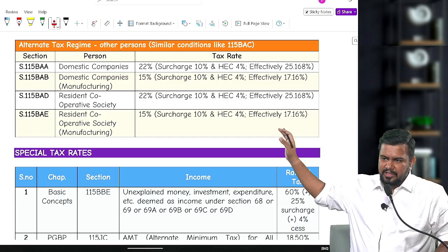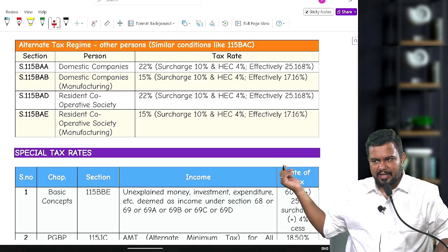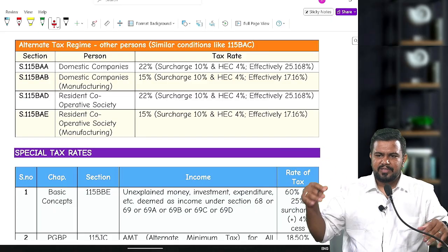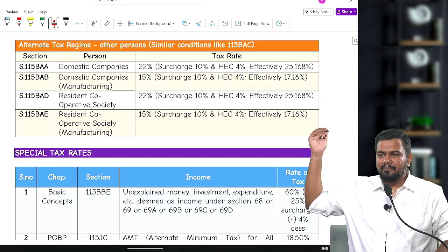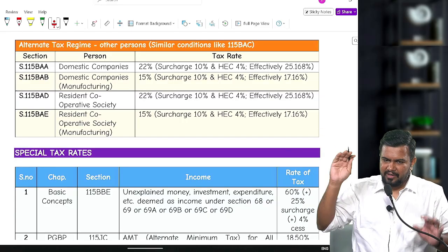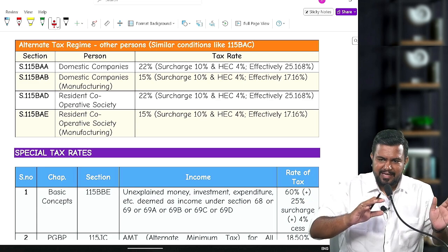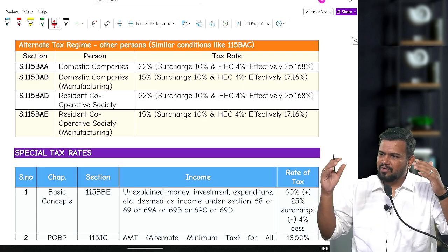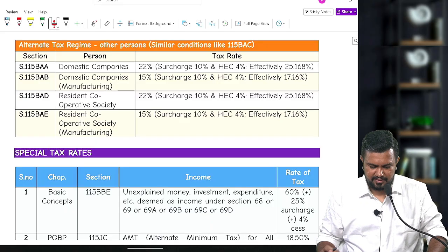And you know what? In this new regime, even for income below 1 crore, surcharge will be there. So even if you earn 1000 rupees, surcharge will be there. In the new tax regime for companies, I am telling. Only for companies and cooperative society in the new tax regime, there is no limit for surcharge. From 0 rupees itself, from the initial income itself, surcharge will start.